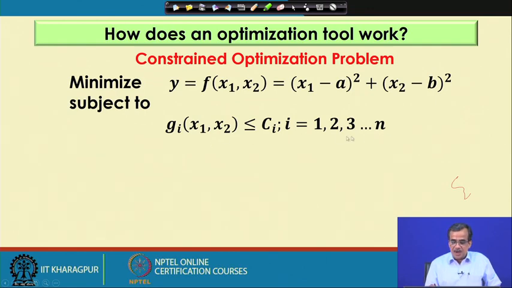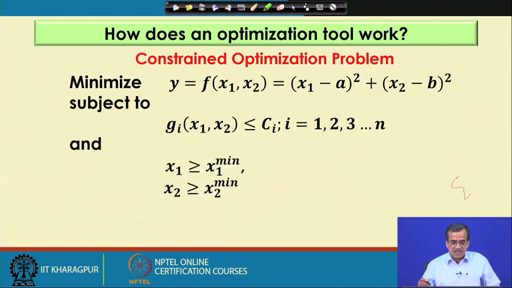So, this is nothing but the functional constraint, and there are n number of functional constraints, and x1 ≥ x1 minimum and x2 ≥ x2 minimum. These two are the variable bounds. So, this is nothing but a constrained optimization problem. Now, let us see how to solve this particular constrained optimization problem.